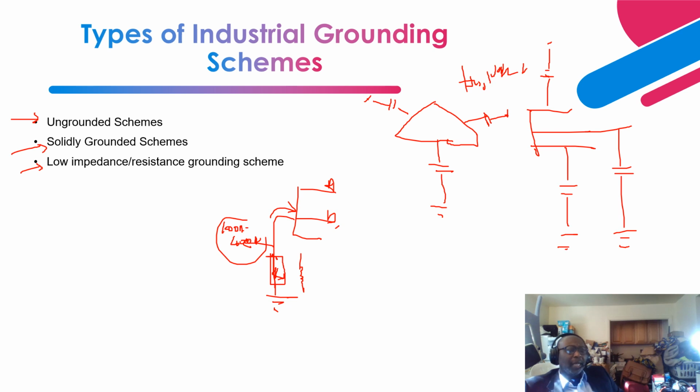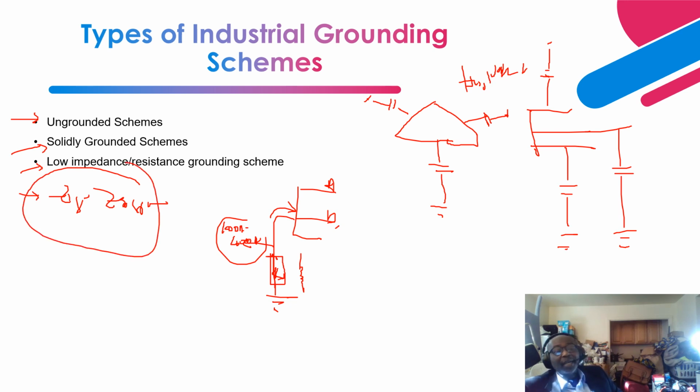Another scheme I can mention for industrial grounding is the zigzag transformer grounding scheme. It is called a derived neutral. For instance, if you have a delta connected system and there's a need to derive a grounding path for it, that is when you use the zigzag transformer to provide that impedance path to ground, to be able to detect ground faults as fast as possible.